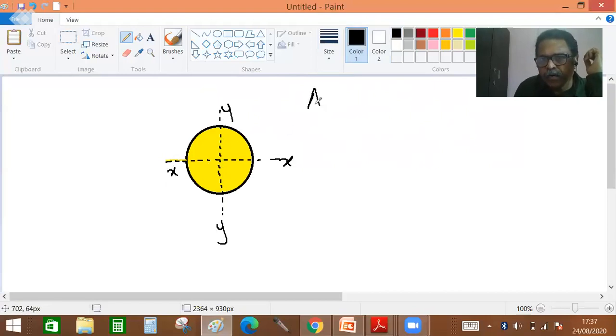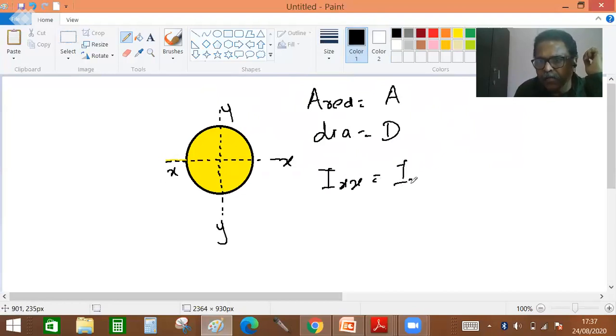The area of that circle is A. Its diameter, suppose taken as D. Then Ixx and Iyy, about both axes for a circle, comes to be pi by 64 d raised to 4.